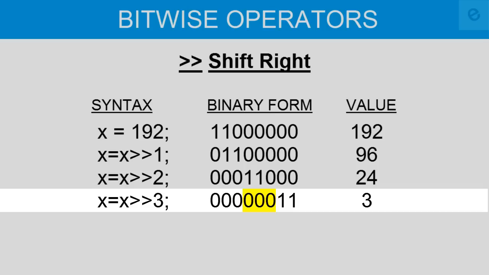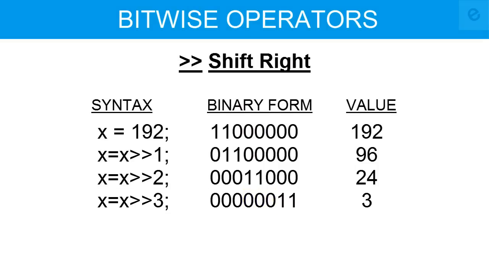As you can see, now the final value of x is 3. With each right shift the actual value is divided by 2, just as it was multiplied by 2 in the left shift. Similarly, the value is divided by 2 with each right shift.